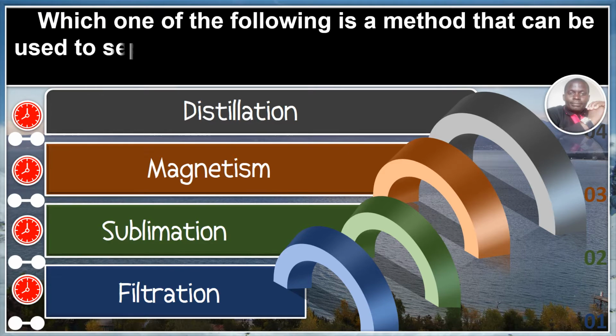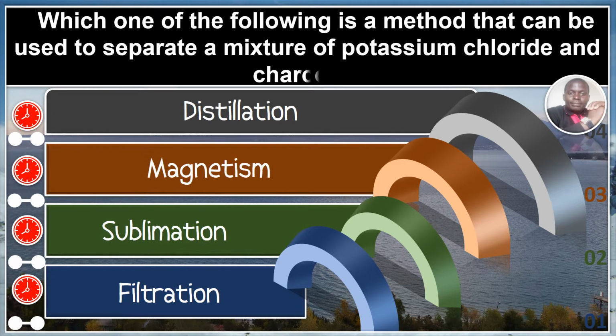Which one of the following is a method that can be used to separate a mixture of potassium chloride and charcoal? Filtration.